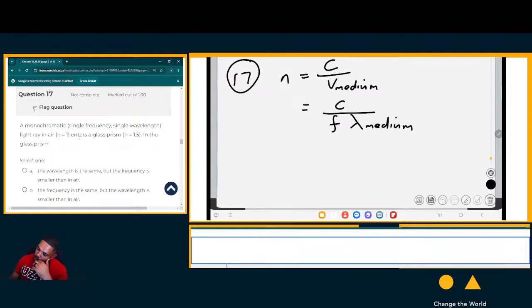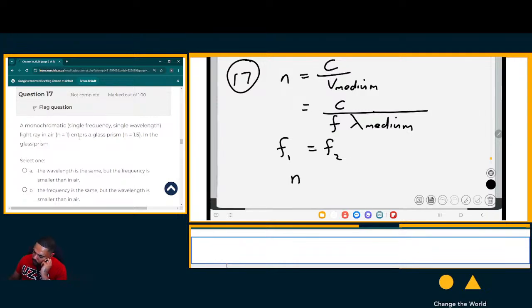But a very important concept is that the frequency in medium 1 is equal to the frequency in medium 2. So the frequency stays constant. Now the speed changes, and if the frequency stays constant, the wavelength must change.